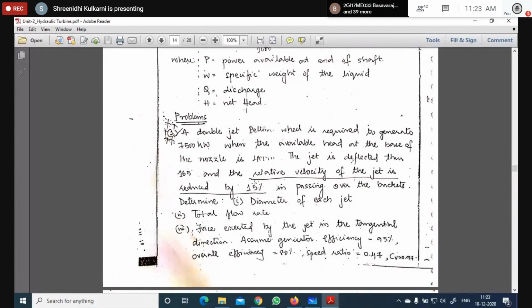And see, in our lab the shaft is mounted horizontally. Horizontally or vertically? Horizontal, it is horizontal.